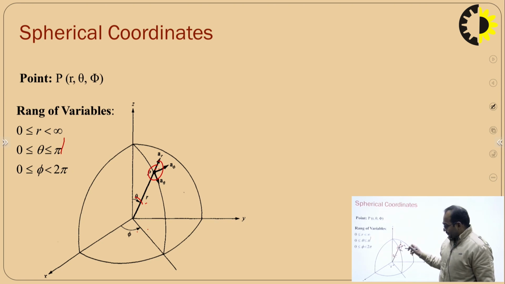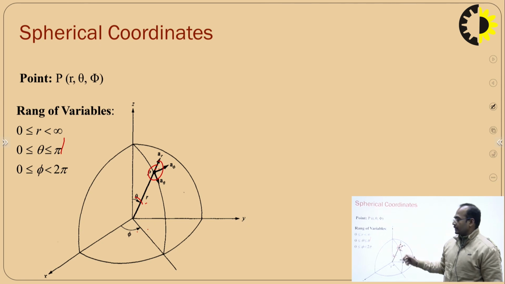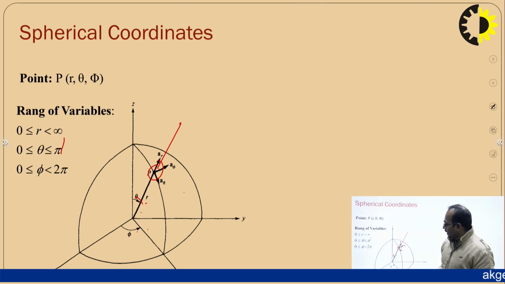And what will be the direction of the unit vectors? The direction of a unit vector will be in the increasing direction of r, theta and phi. R is increasing in this direction, theta is increasing in this direction. So theta is increasing in clockwise direction, so I have considered a theta in this direction. And what about a phi?